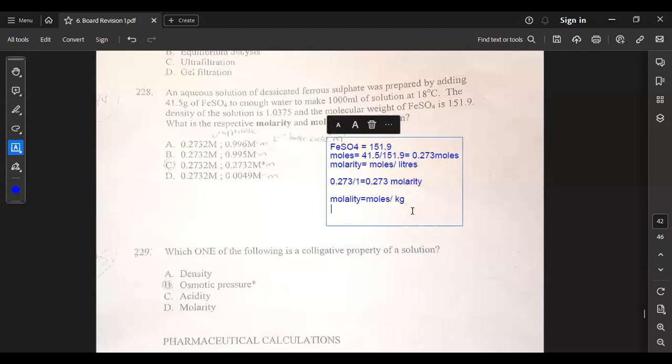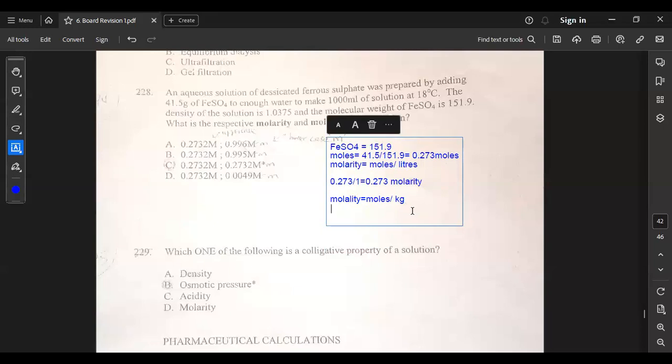We've gotten the number of moles as 0.273 moles, and that number of moles is in the one liter, so that's basically also the molarity. Then for the molality, it's moles per kg, and the moles is 0.273 moles.